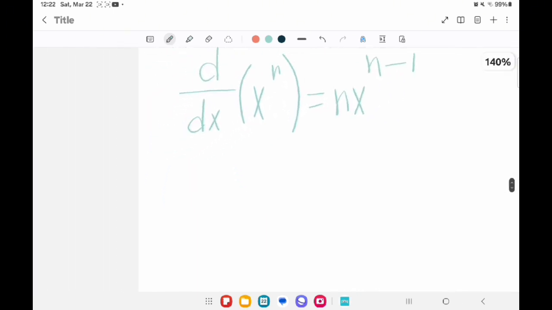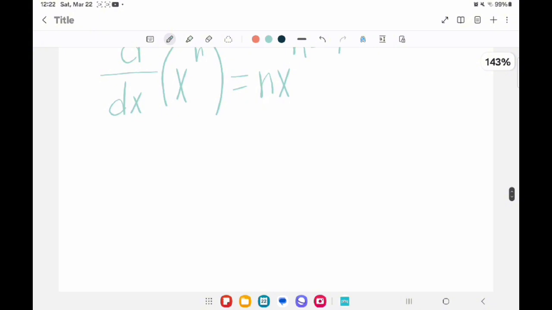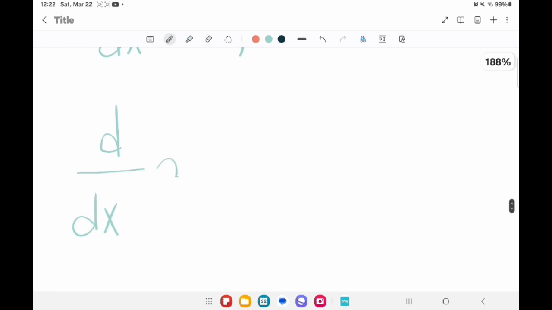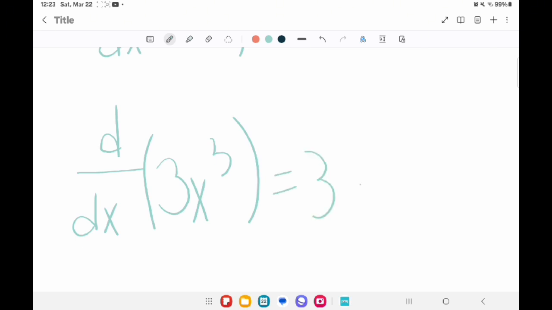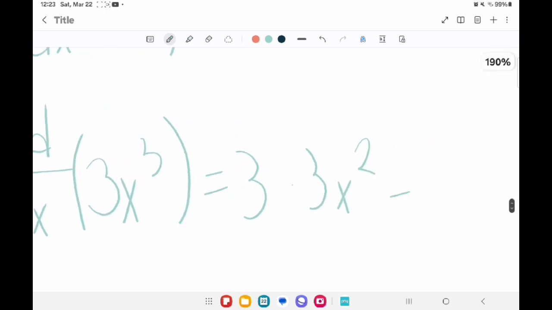So d over dx of 3x cubed equals 3 times 3x squared. So what we get is 9x squared.